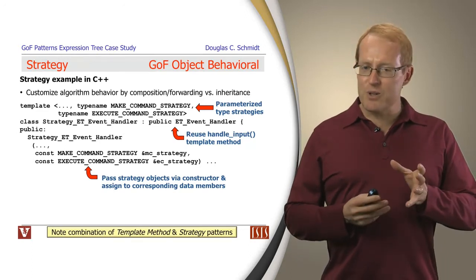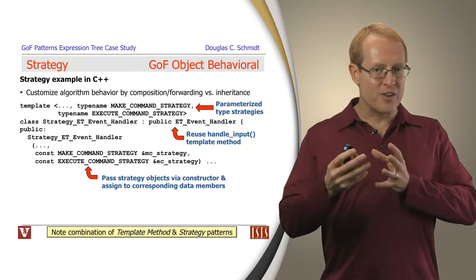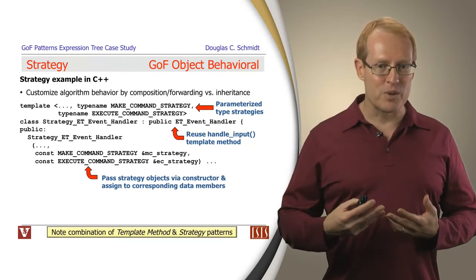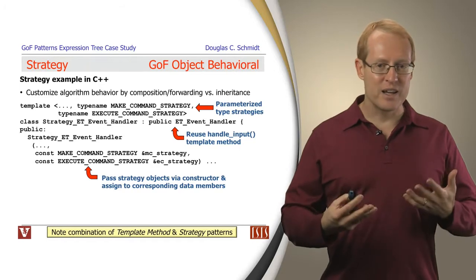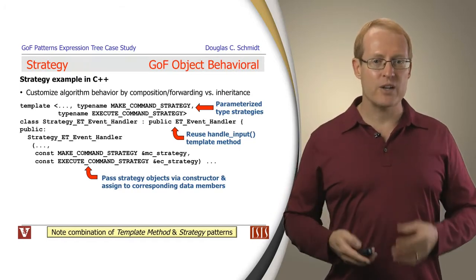Notice, by the way, this interesting combination of template method and strategy. We're actually making them work together, which is even more interesting when we combine them with parameterized types. We get lots of different commonality and variability and high pattern density all in the same abstraction.